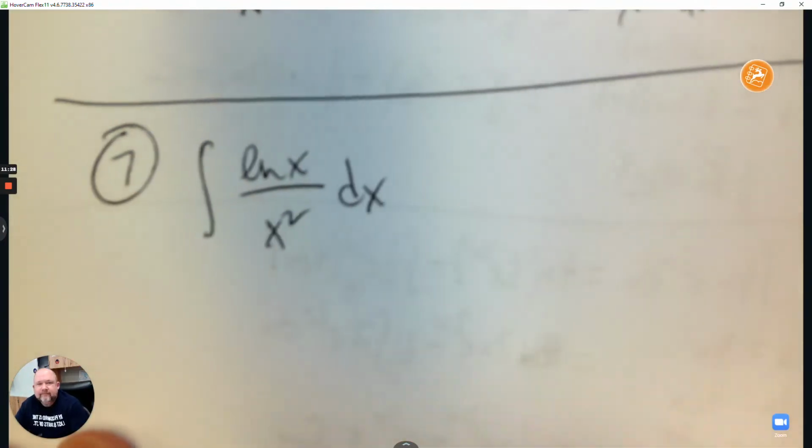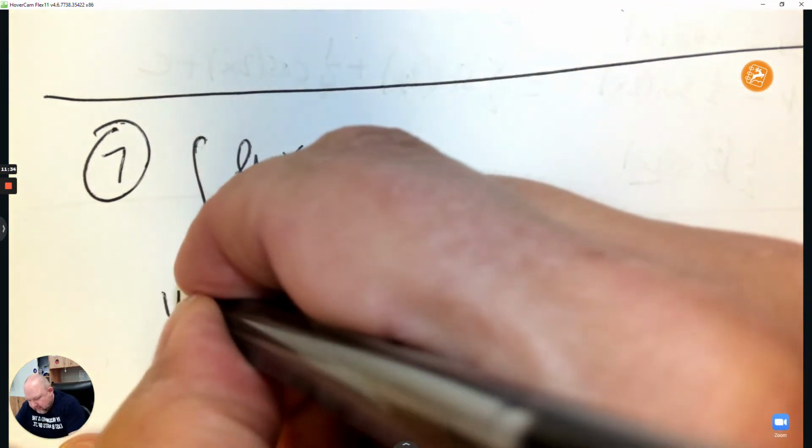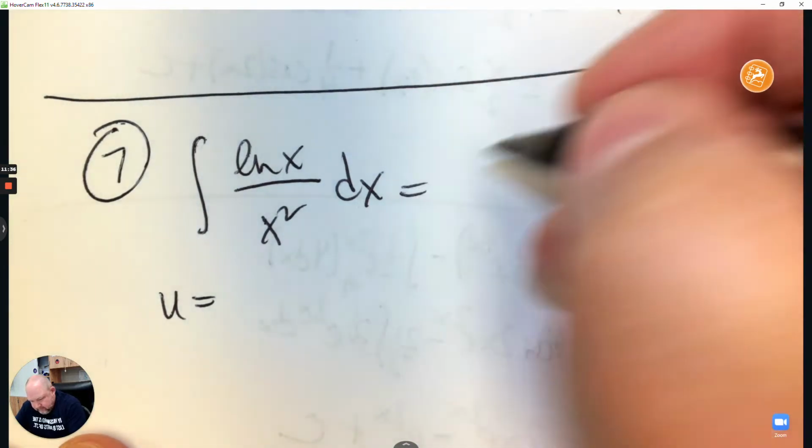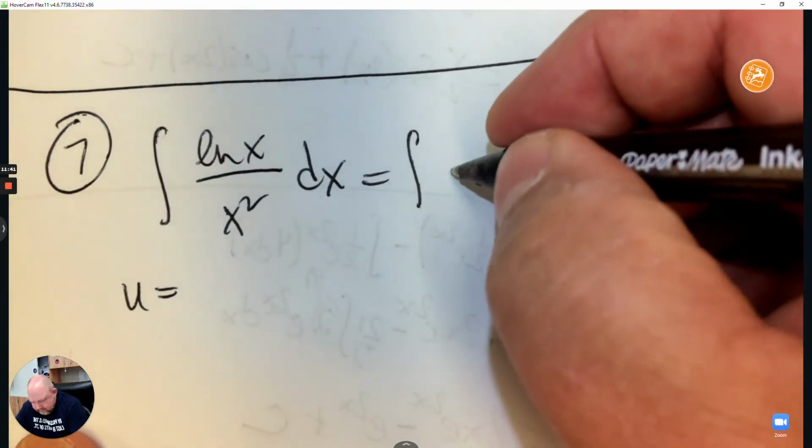Number 7. All right, write it down. Can you integrate that? So first is a setup. So press pause and set it up. In fact, before I do that, I'm going to definitely write this calculus friendly.